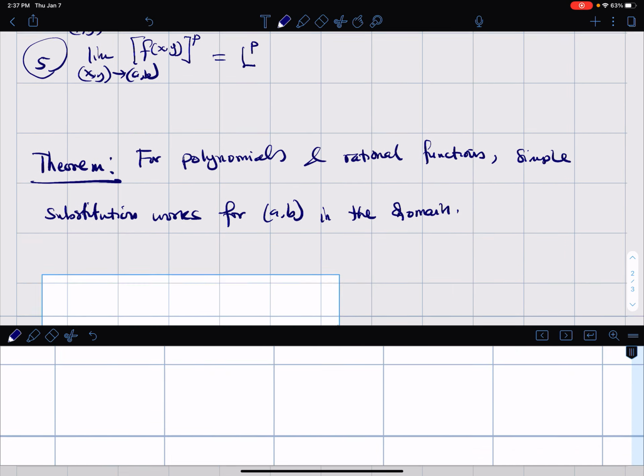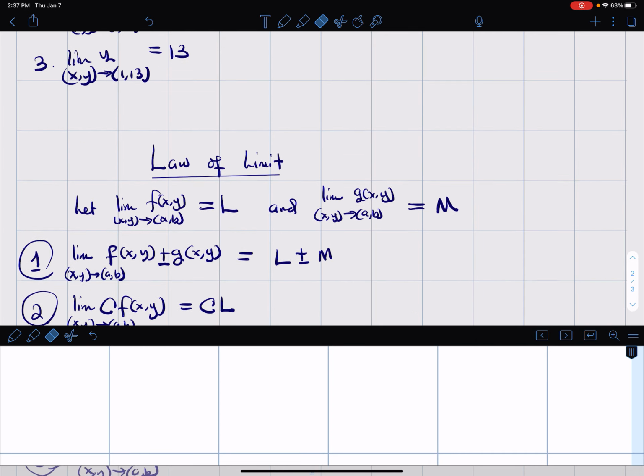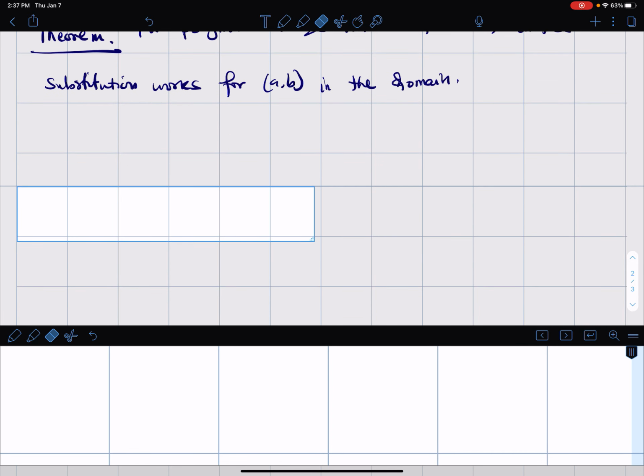With that, we're very well equipped to solve some limit problems. So let's do more examples.